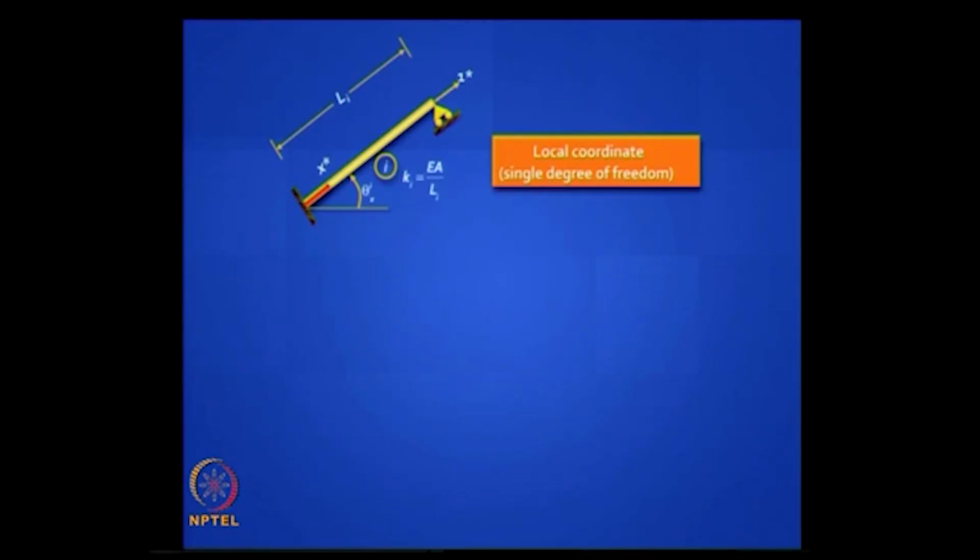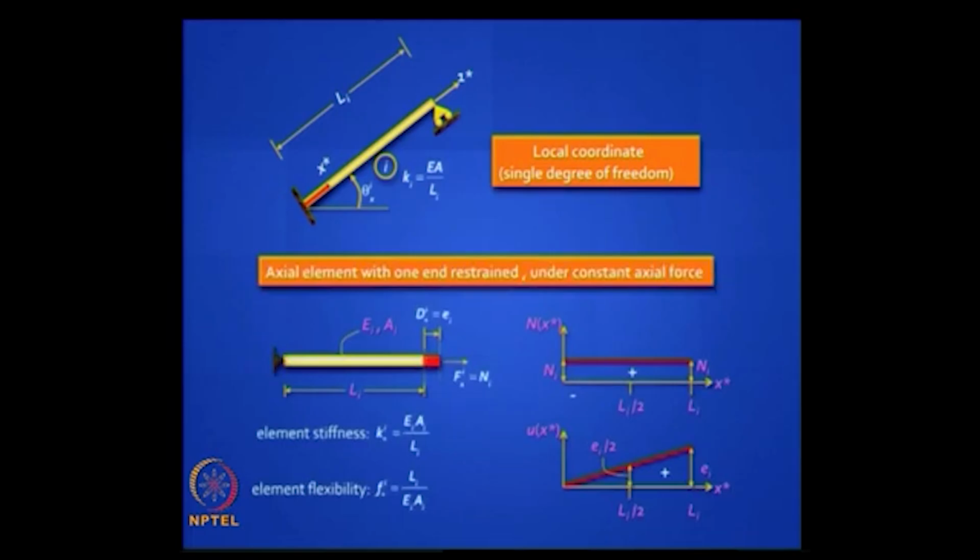Well, in all types of problems, whether we deal with 1D structures, plane trusses or space trusses, you are dealing with this element. Now it has only one degree of freedom, and you can interpret that displacement as the elongation in the element. Okay, d1 star is nothing but the elongation in the element.